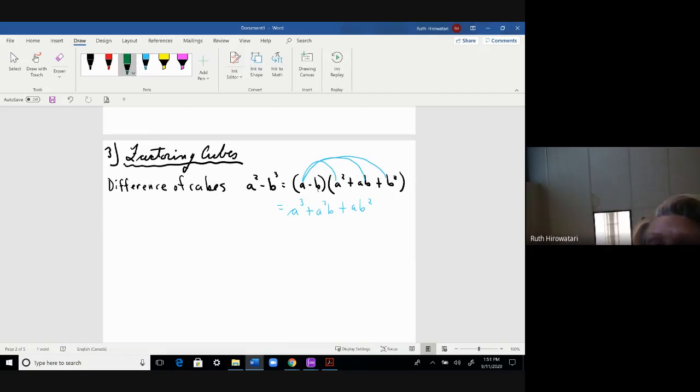When I distribute the negative b to all three terms, that would give me minus a squared b minus a b squared minus b cubed. And you can see that those would cancel, and you would be left with what you started with, a cubed minus b cubed. Okay, so there's my little proof of it. Just going to erase that so I don't mess this all up.